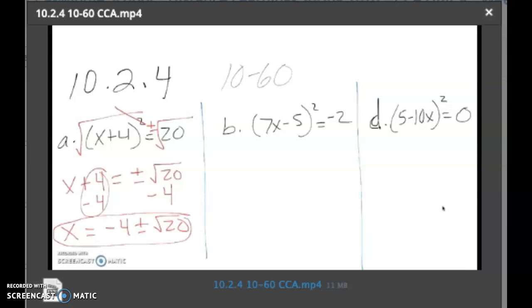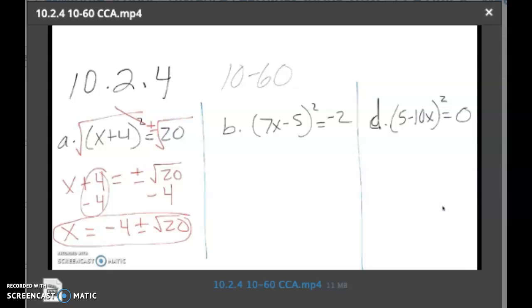And notice we have two solutions, right? We have negative 4 plus the square root of 20. That's one of our roots. And the other root, or the other x-intercept, is negative 4 minus the square root of 20. Now I have this written as the exact answer. If you wanted to graph this, you would plug those numbers into your calculator to get the approximate decimal answer so that you could graph it.